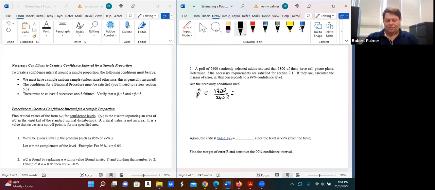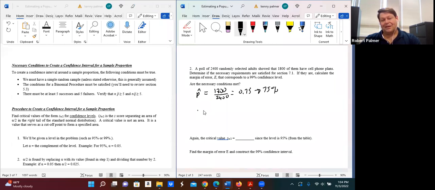Double check that. 1,800 divided by 2,400 is 0.75, not 2/3, 3/4. So that's 0.75 or 75%.